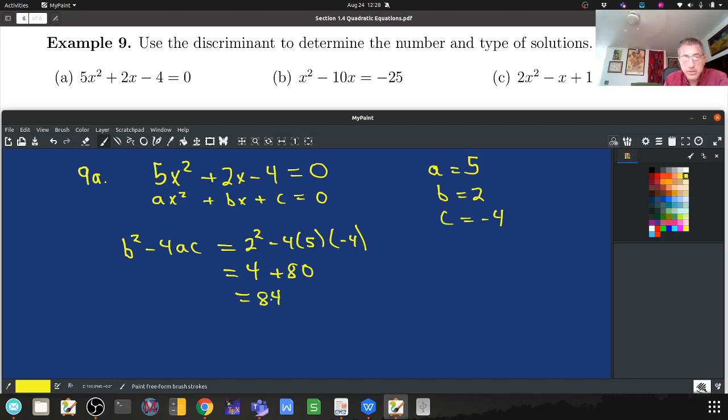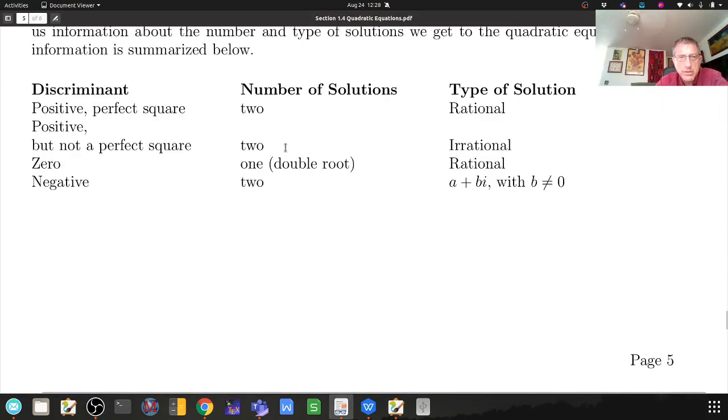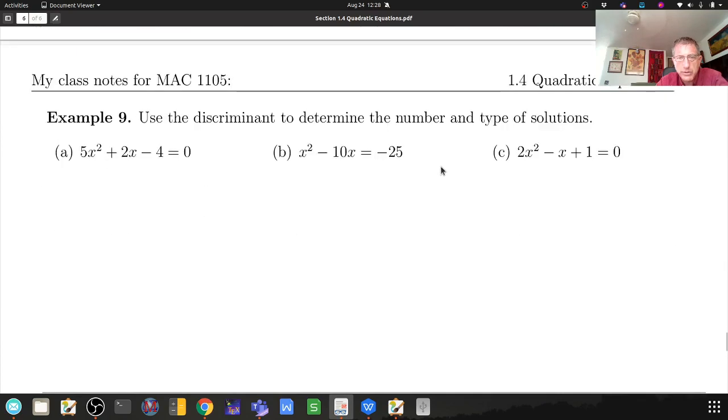So 84 is not a perfect square. It's close to 81, which is a perfect square. 9 times 9 is 81. But then the next perfect square is 10 times 10, which is 100. So it's positive, but not a perfect square. So by my list, we have 2 irrational solutions.